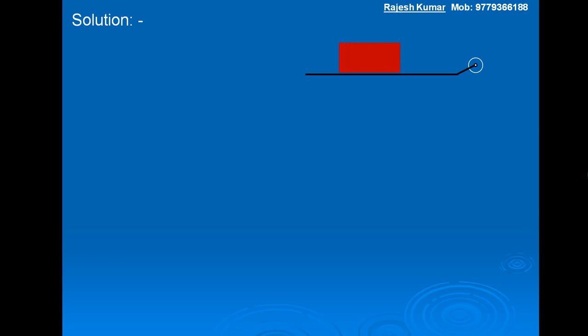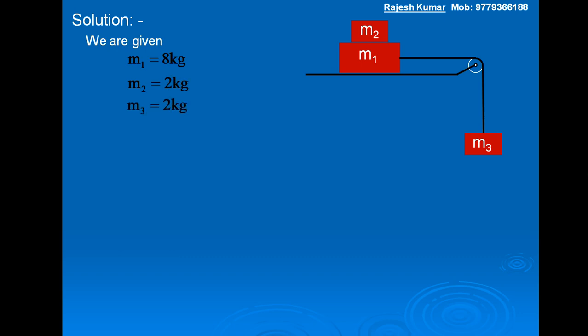A block of mass m1 equal to 8 kg is placed over it, and on this block another block of mass m2 equal to 2 kg is placed, and the system is dragged with another block of mass m3 equal to 2 kg by a string with constant velocity over the level surface. We are given m1 is equal to 8 kg, m2 is equal to 2 kg, m3 is equal to 2 kg.